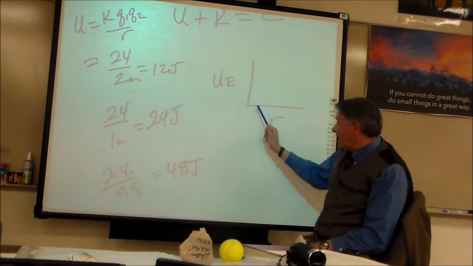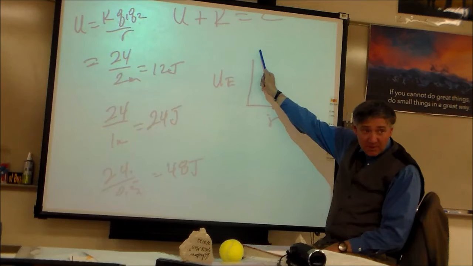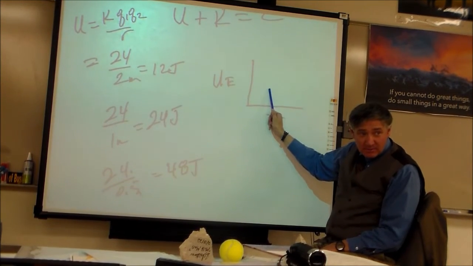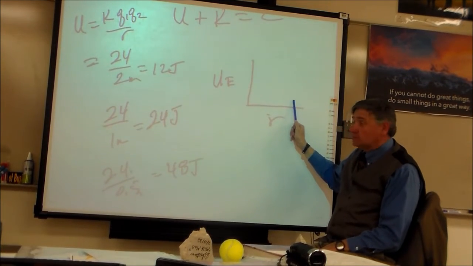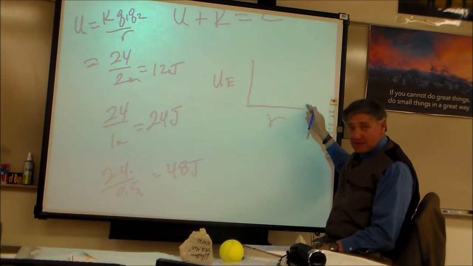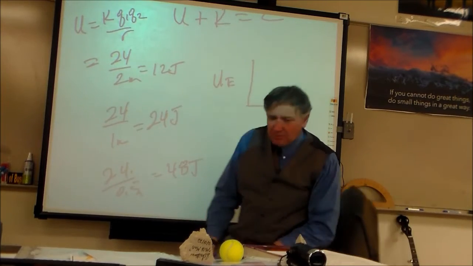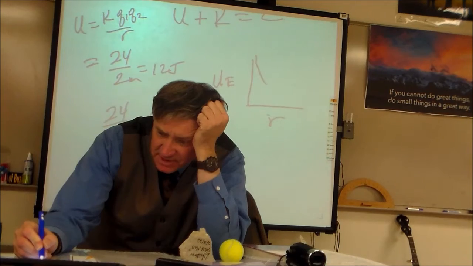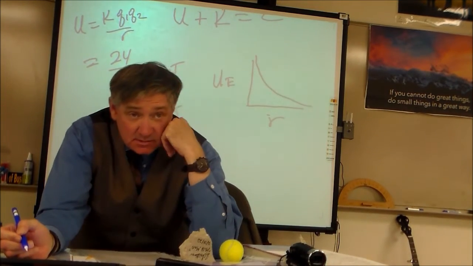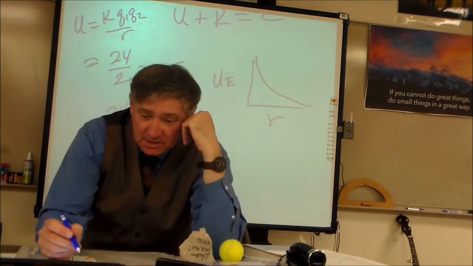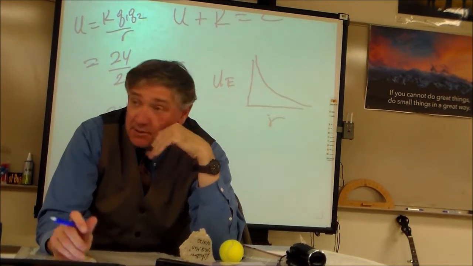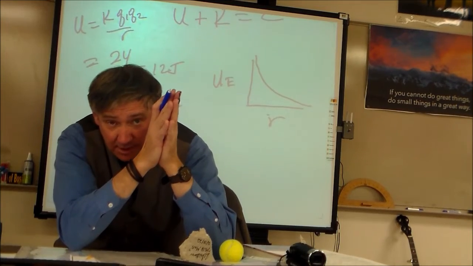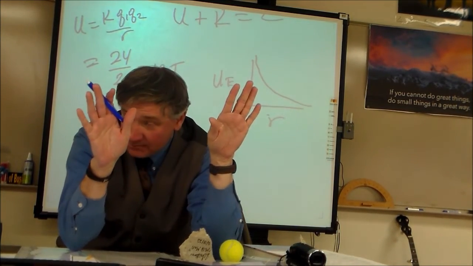Here's 0.5, and that's 48. 1 meter was 24, and 2 was 12. Something like this. Okay, cool. So this UE versus radius graph is going to go something like this. Everybody cool with that? Because we're dividing by R. So the closer I get, the more potential energy I'm going to store, right?